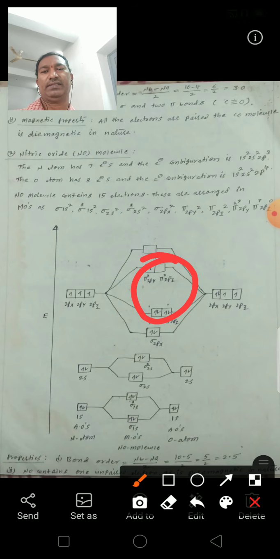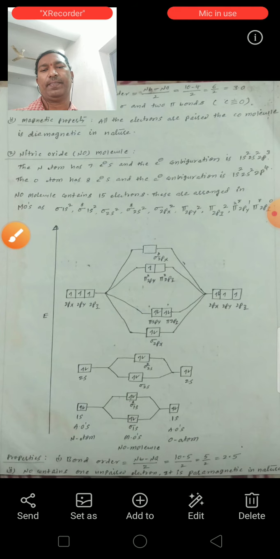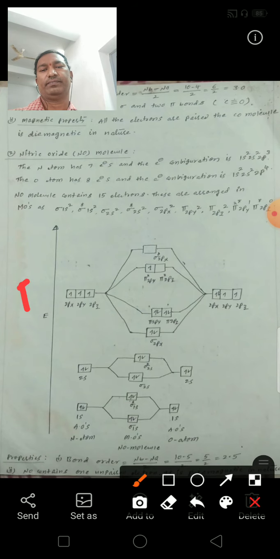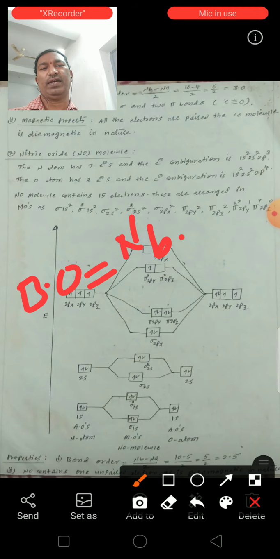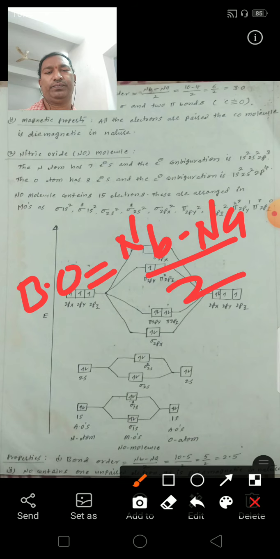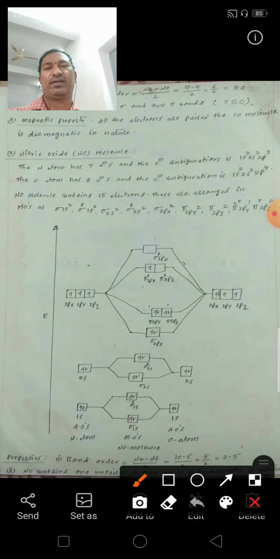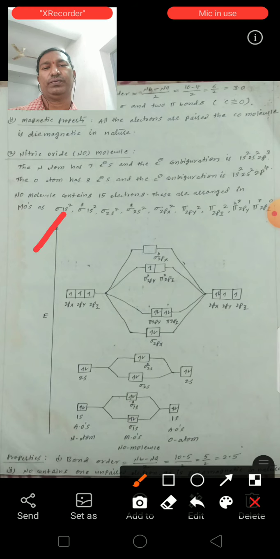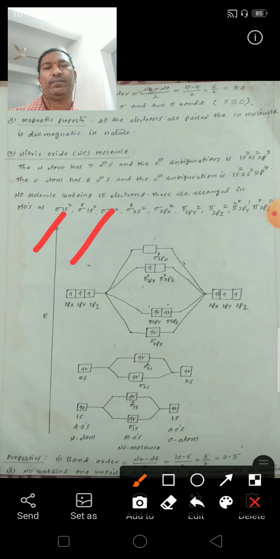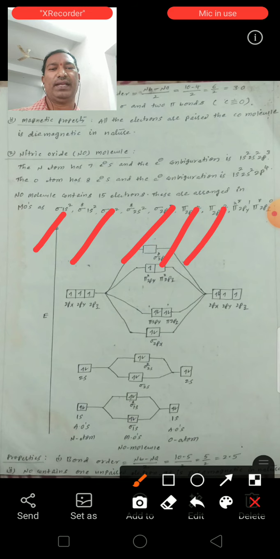So like this. So now we can calculate the bond order. For bond order we have (Nb minus Na) by 2. See here, the number of electrons in bonding molecular orbitals is 2 plus 2 is 4, plus 2 is 6, plus 2 is 8, plus 2 is 10.